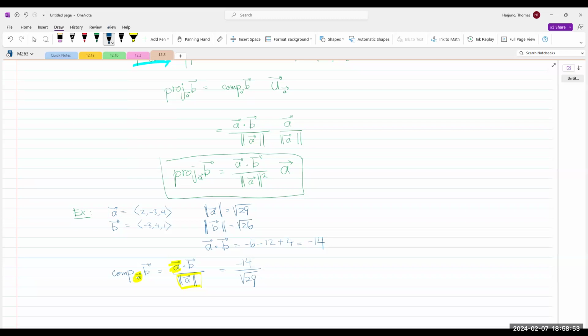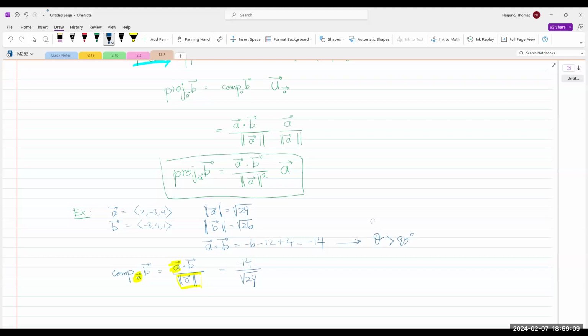Now, because you see the component has negative value, then basically you are saying that, actually we even know that from A dot B, it means that theta is greater than 90 degrees.